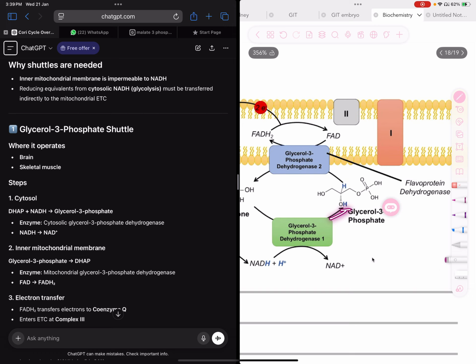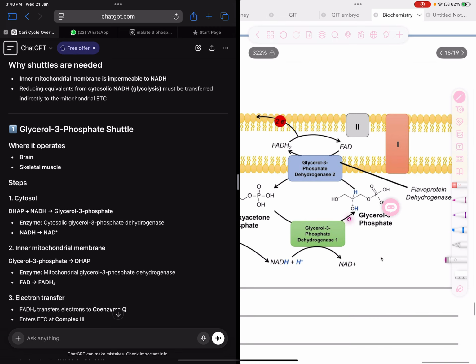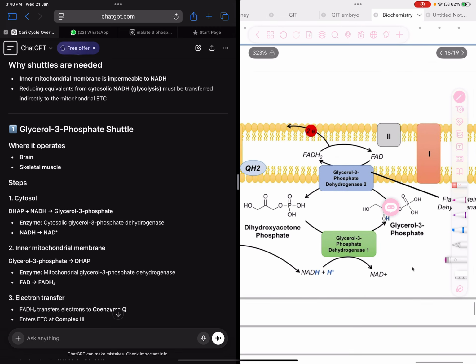Now once you got the glycerol 3-phosphate, this can easily be transported. It will go into your inner mitochondrial membrane.